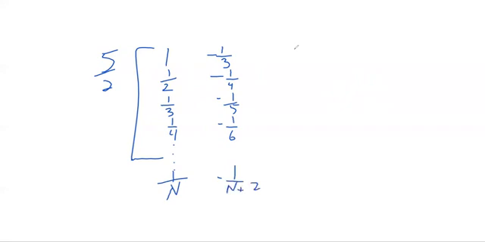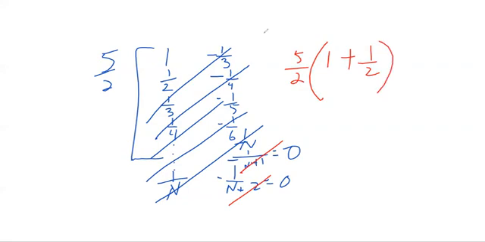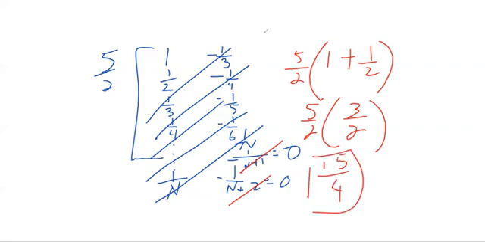Now, actually, upon further review, I'm realizing that I think I'm actually going to still be left with 1/n plus 1, 2. But that's another situation that's going to go to 0 as n goes to infinity. So I'm not even going to worry about those terms. All I have to worry about is 5 halves times 1 plus 1/2. And that would be the telescoping sum of that partial sum sequence.